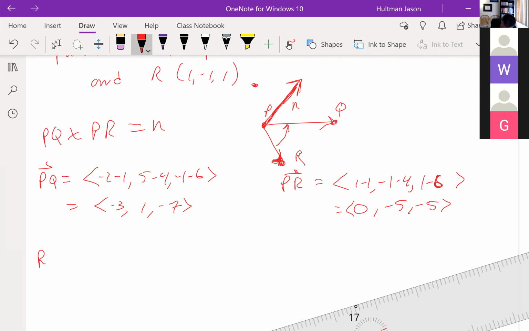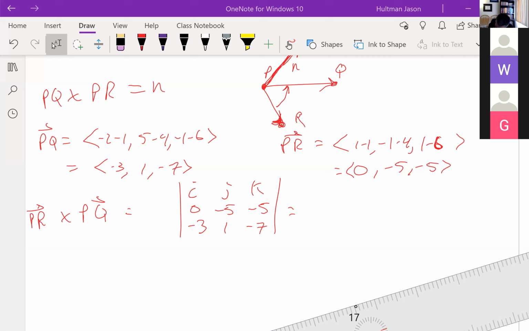So now what do I need? I need PR crossed with PQ. Okay, so i, j, k, PR is 0, -5, -5, PQ is -3, 1, and -7. What's this going to become?